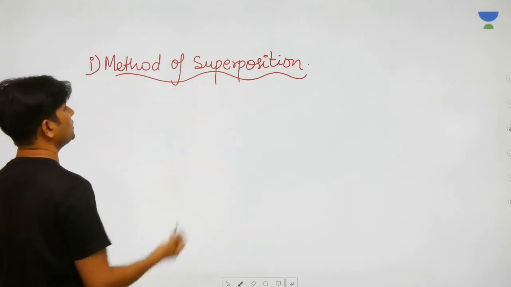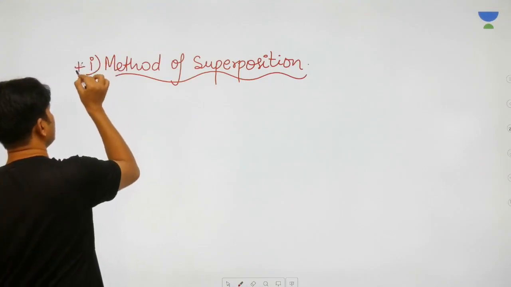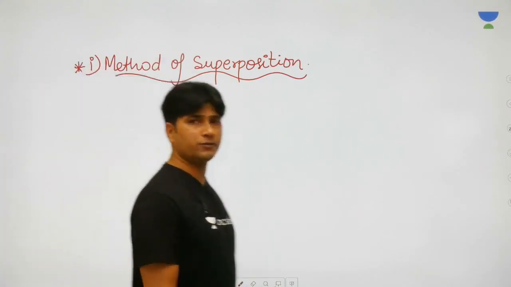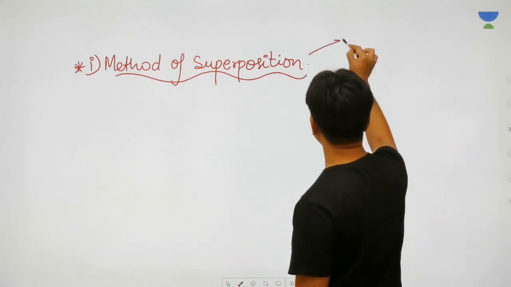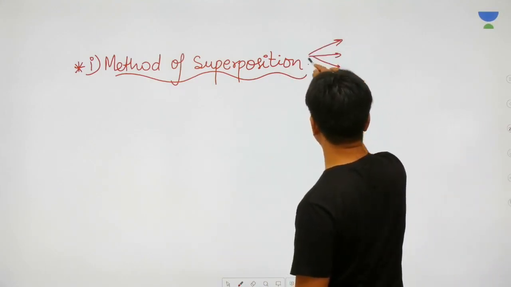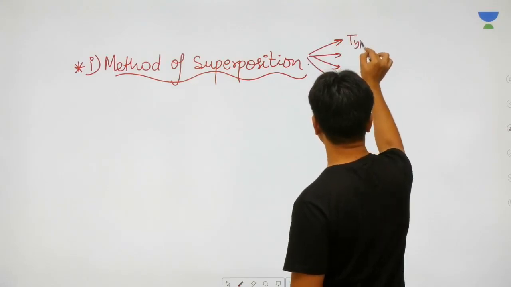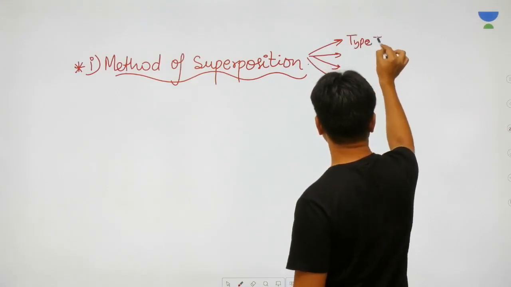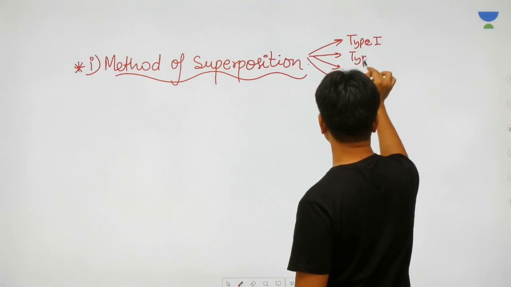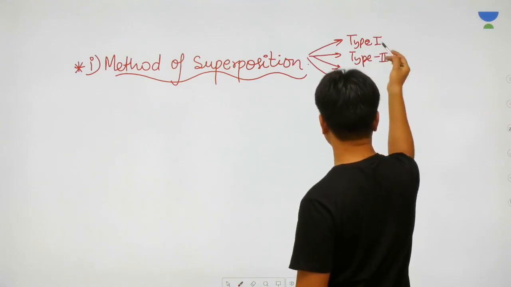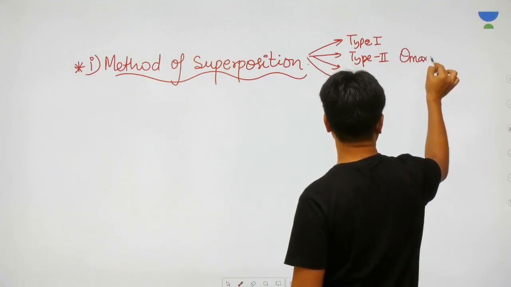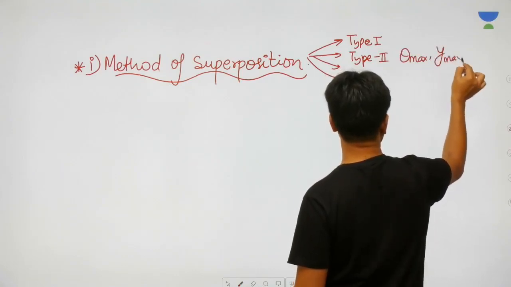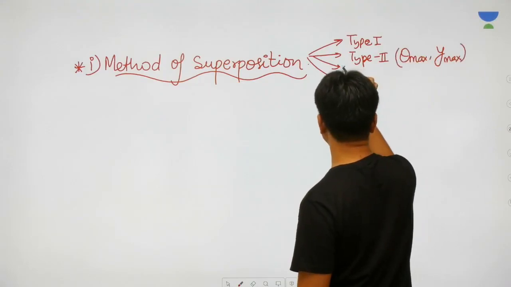And guys, in that part 1 we have used largely, to solve every type of problems, the method of superposition. If you remember, in part 1 we have discussed 4 types of problems. Type 1: problems based on standard beams. Type 2: problems based on combined loads, where they are asking maximum slope and maximum deflection.